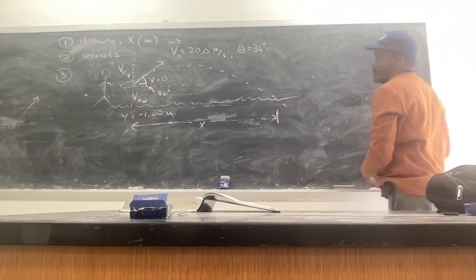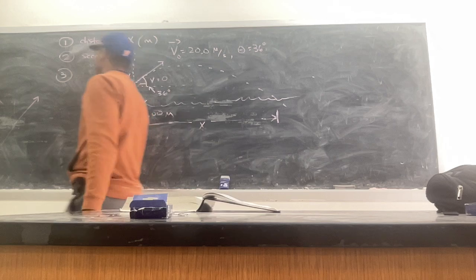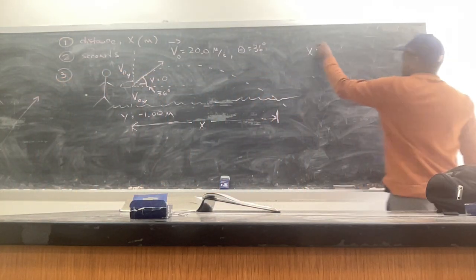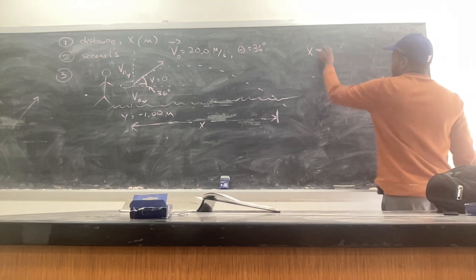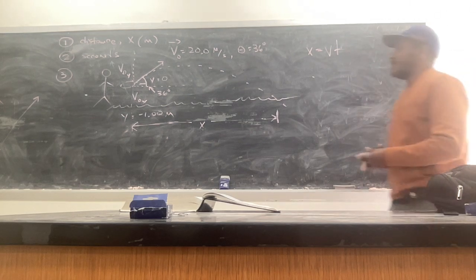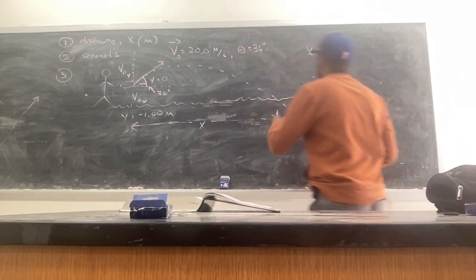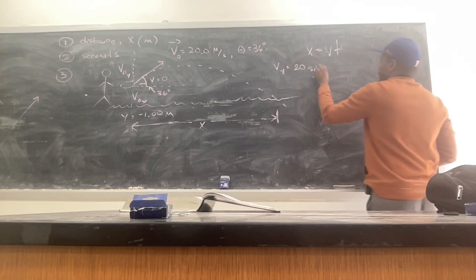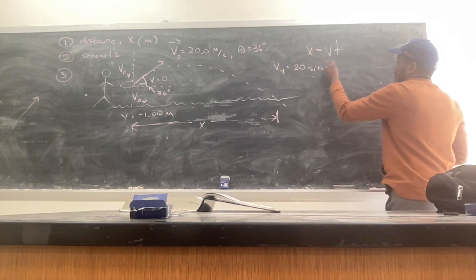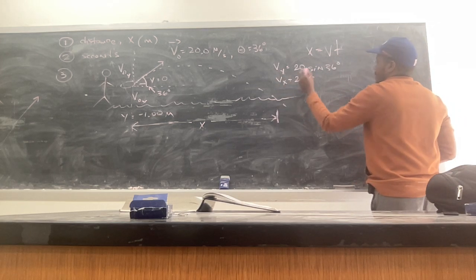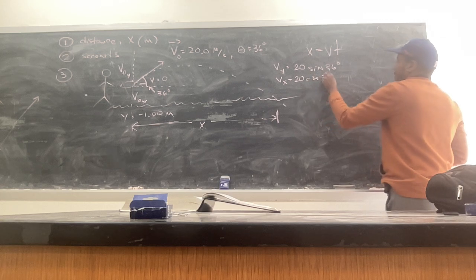So now we're looking for distance, and we already said that in order to calculate distance, we need speed and time. We're gonna multiply the 2 together. So Vy was 20 sine 36, and Vx was 20 cosine 36.